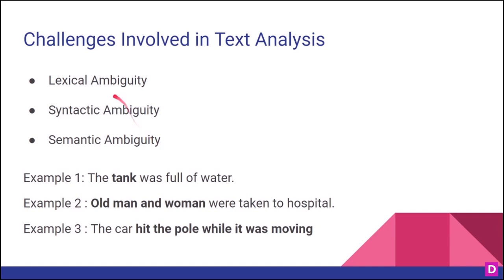These are the three high-level challenges which the user or the machine will face in order to build the system. To list them out, the very first one is lexical ambiguity, the second is syntactic ambiguity, and the third is semantic ambiguity.